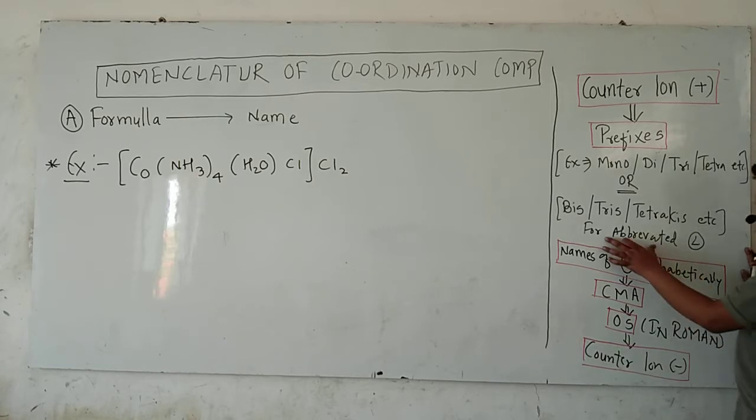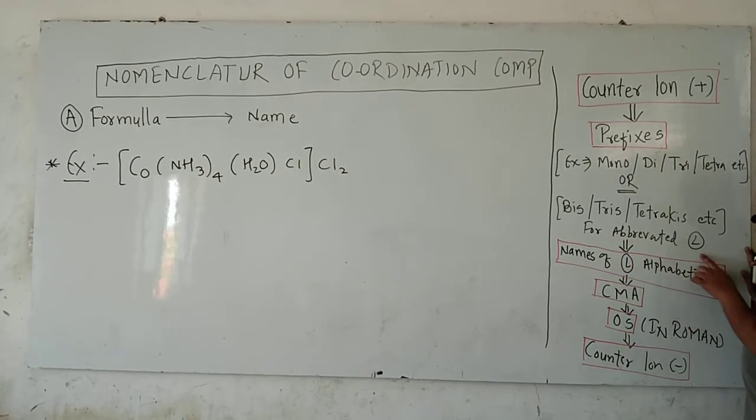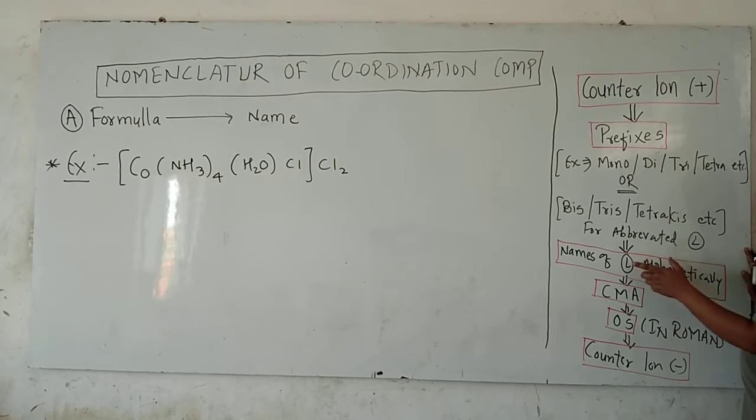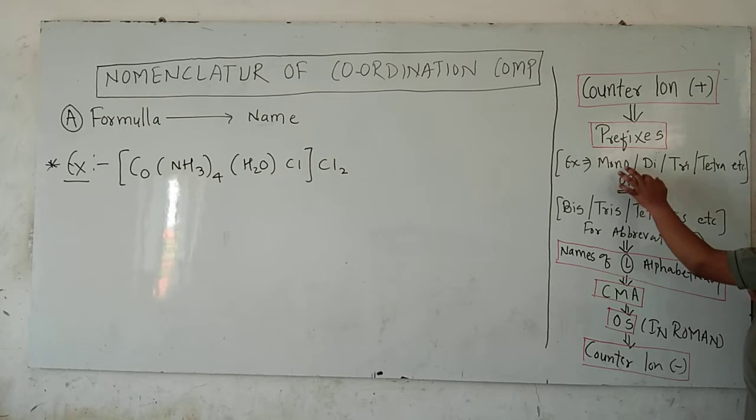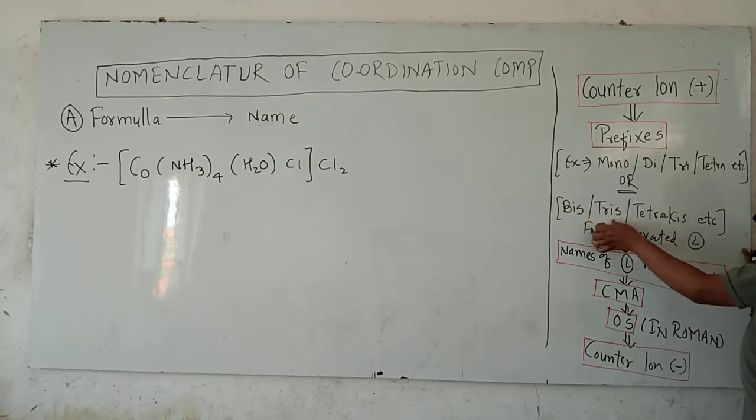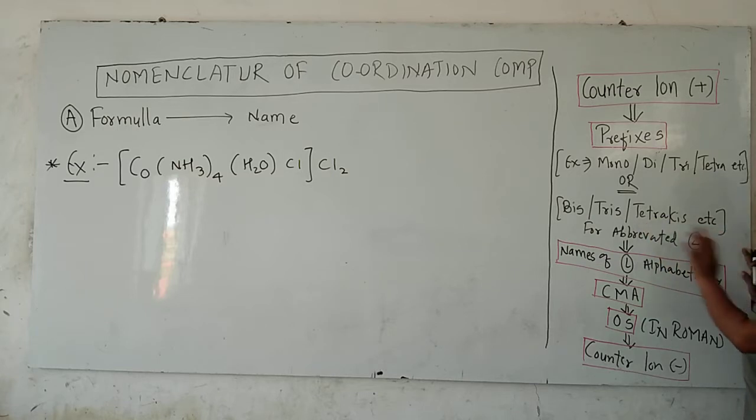But for abbreviated ligands, prefixes will be bis, tris, and tetrakis. Instead of mono, di, tri, and tetra, you will write bis, tris, tetrakis, etc. Now bis means 2, tris for 3 ligands, and tetrakis for 4 ligands. Okay.